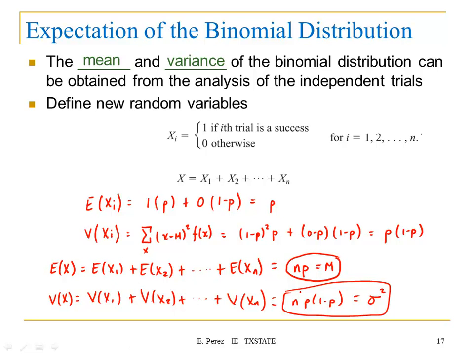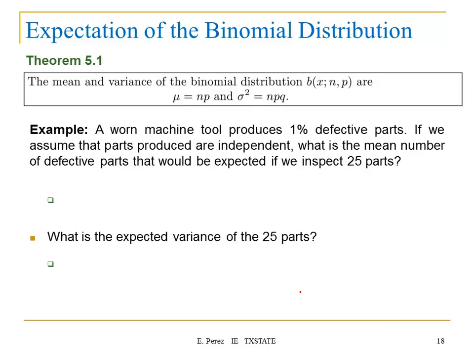And on the next example, we have a demonstration. So again, this is the definition. The mean and the variance for a binomial distribution are mu equals np, and the variance is equal to npq. Here q equals 1 minus p.